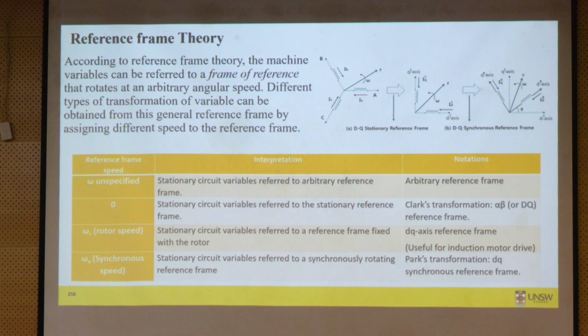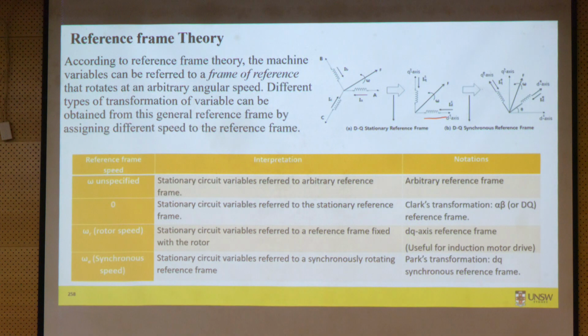That means if we have two windings 90 degrees to each other and pass equivalent currents, we should get the same rotating magnetic field. Based on that, the reference frame theory or transformation has come about.